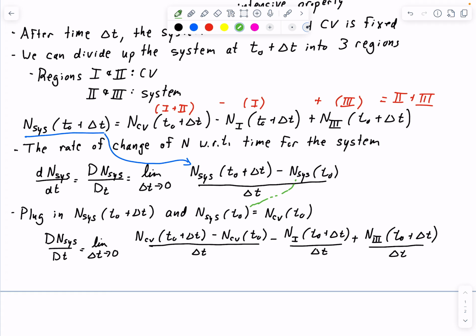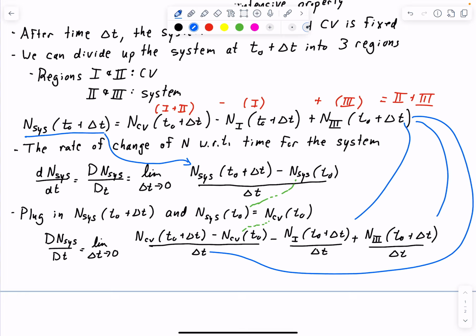So again here, just to illustrate a little bit of how I've rearranged this, this term goes right here, and the other three terms have come from this expression up here. So these have contributed to these expressions, and here's the other term right there.